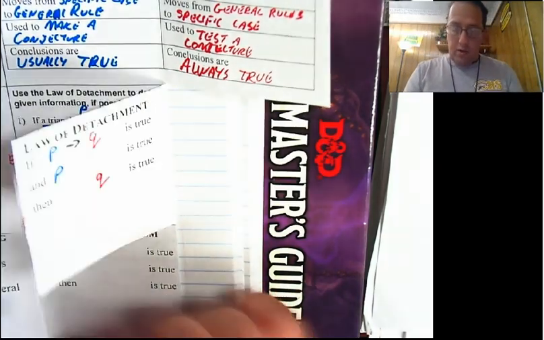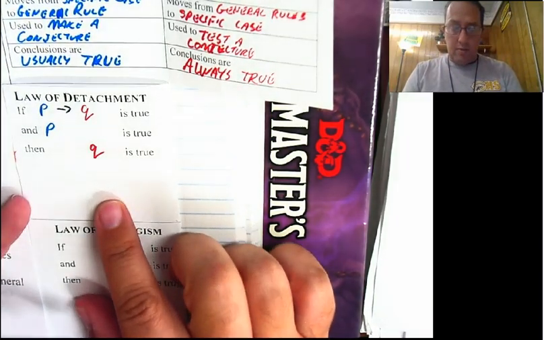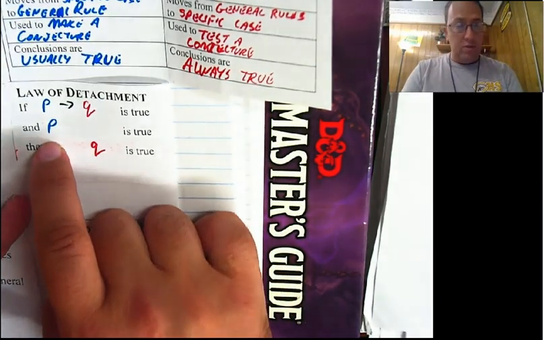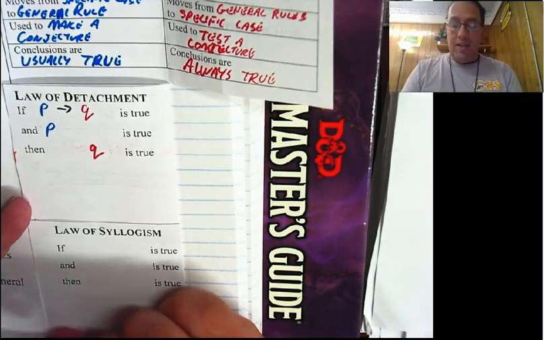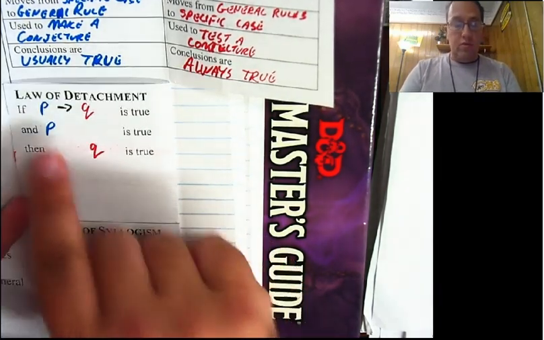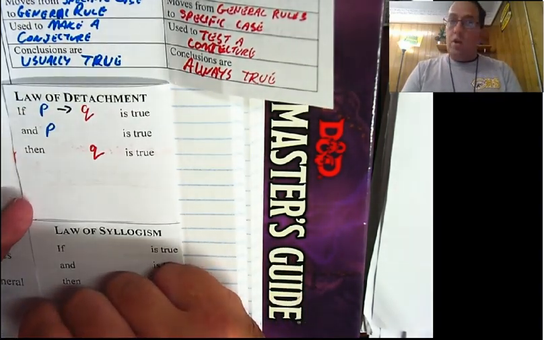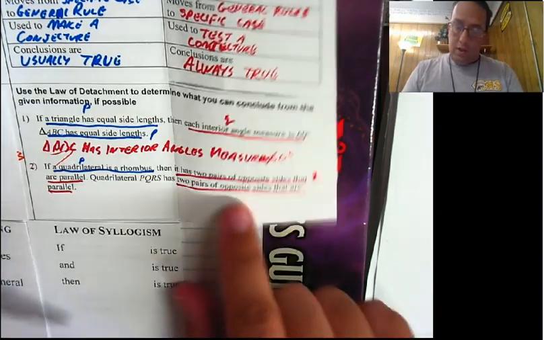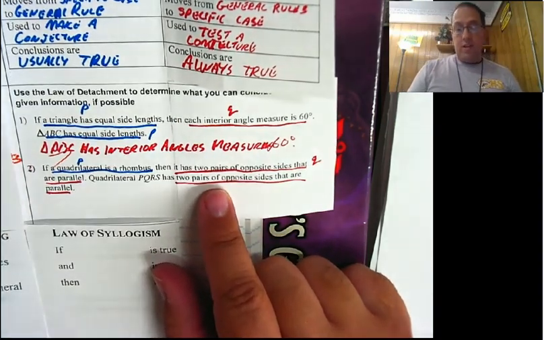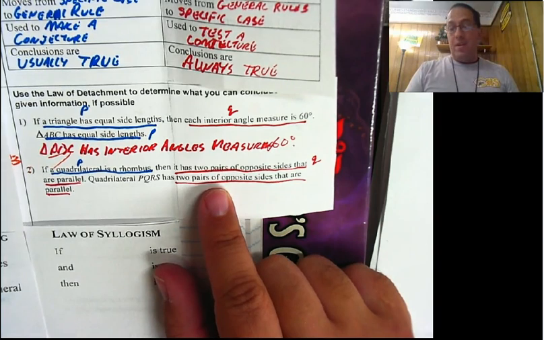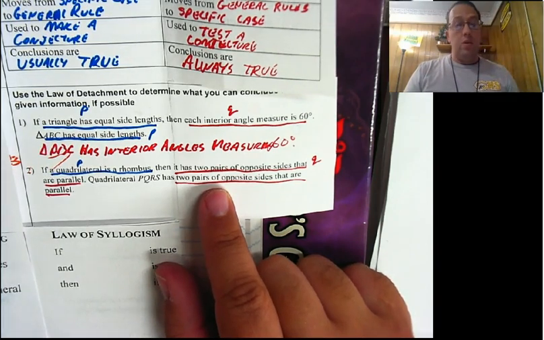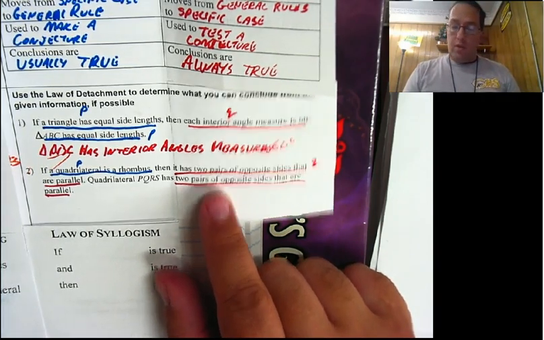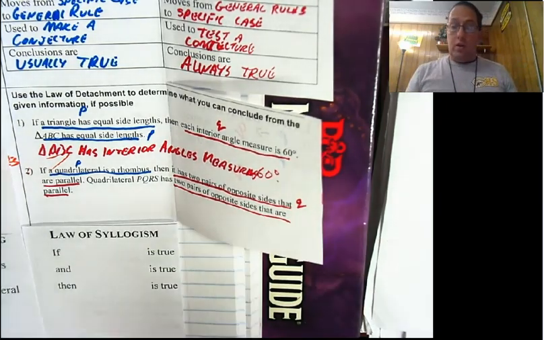Now, if you'll notice, the law of detachment says that if P is true for your specific case, then Q must be true. Does it say that if your conclusion is true, then your hypothesis is true? No, it doesn't. Because here's the thing. If you have 2 pairs of opposite sides that are parallel, that could be a rectangle, which is not a rhombus, right? So for this, we don't know.